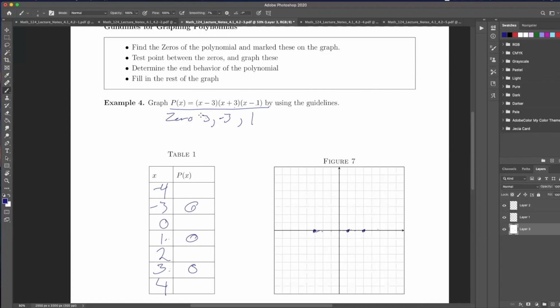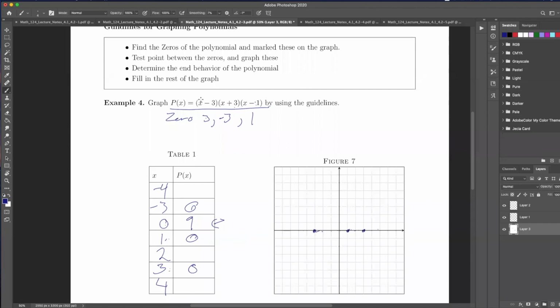So now I'm going to just plug this in. So let's plug in zero. So x equal to 0 is -3 times +3, which is -9 times -1, which is 9. Everyone see where I get this 9? Any questions on that? At least you're honest. Fair enough.